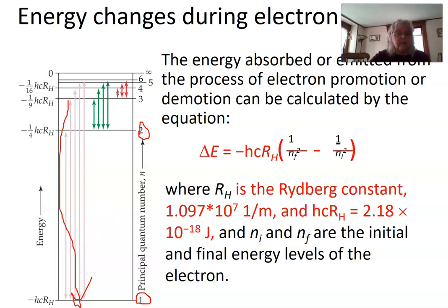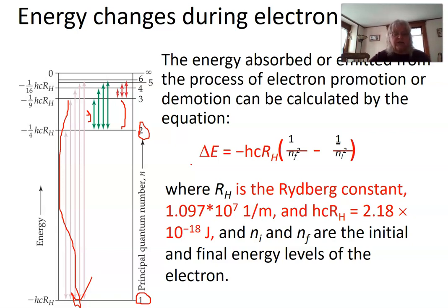When the electrons move from, say, the third energy level to the second energy level, this first green arrow here shows the amount of energy that would be produced, and these would show up as lines that I would be able to see on the line spectrum. This is a very similar equation to the one that we looked at already. Instead of calculating the reciprocal of the wavelength, it calculates the change in energy.